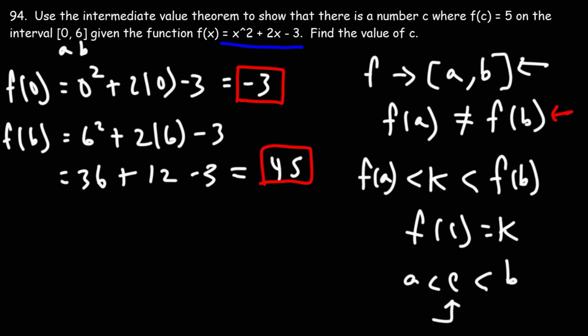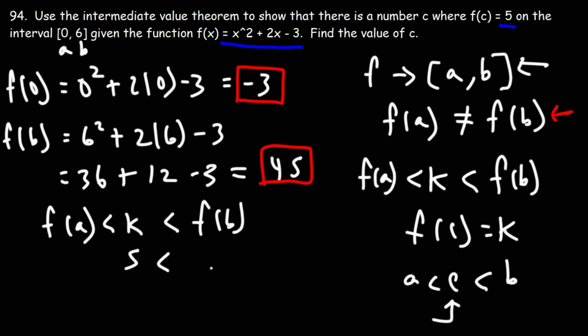Now, our k value is what f of c is equal to. So k is 5. So we could see that k, which is 5, is between, well, first, let's write it this way. K is between f of a and f of b.